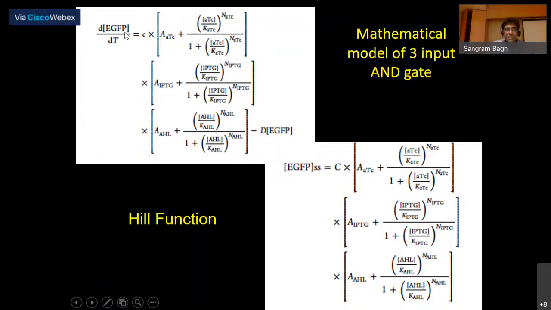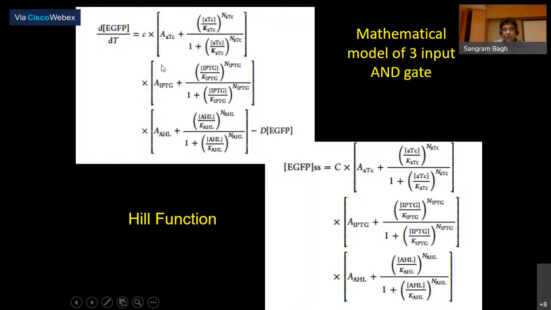So you have dEJP/dt, which is equal to some constant, plus the concentration of the ATC divided by some capital K_ATC to the power n_ATC, which is the same as the n in the Hill equation, and then 1 plus ATC by K_ATC to the n, right?